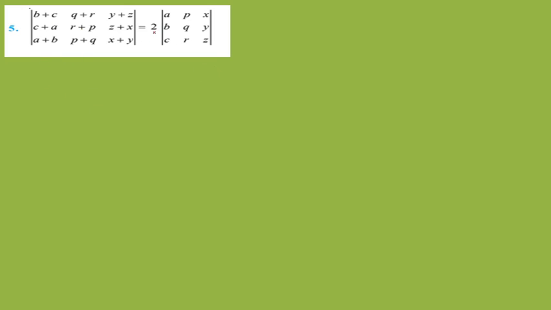Now I need to get 2. So B here, I can find the B here. So these are the rows: row 1, row 2 and row 3. Now the operation here: row 1 tends to row 1 plus row 2 plus row 3.